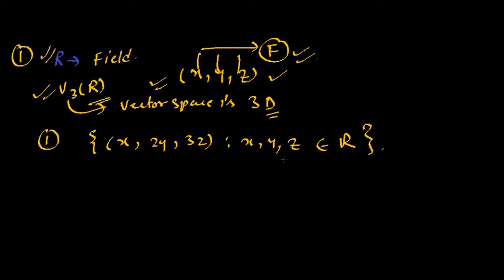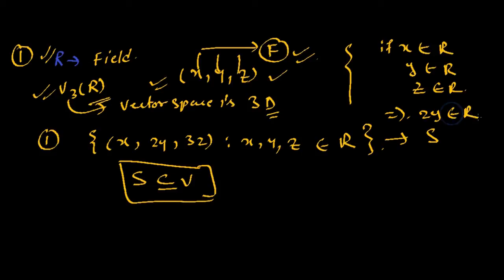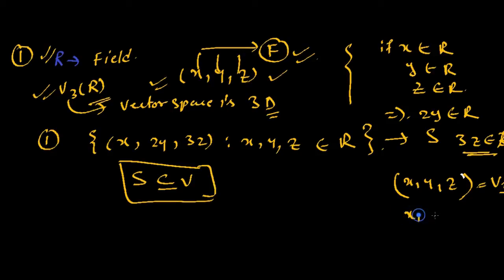So if we take it as S, then S is a subset of V. To see it clearly, if x belongs to R, y belongs to R, and z belongs to R, then 2y will also belong to R and 3z will also belong to R. So if (x, y, z) belongs to V3, then we have another element, (x, 2y, 3z), belonging to V3.